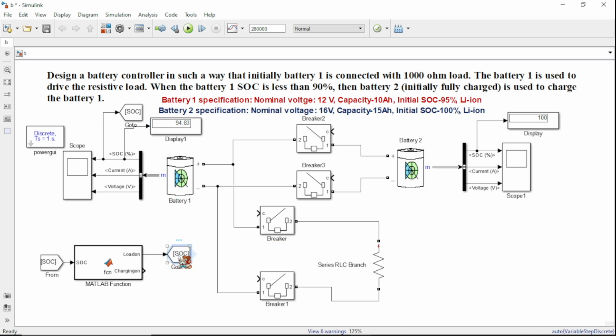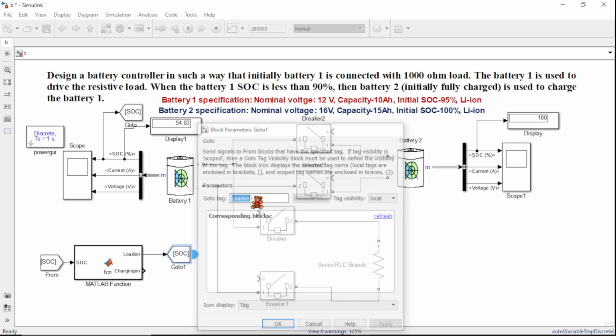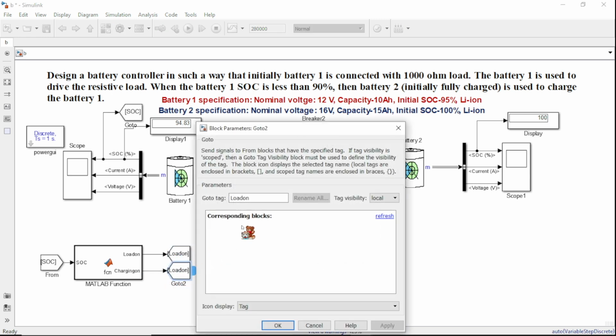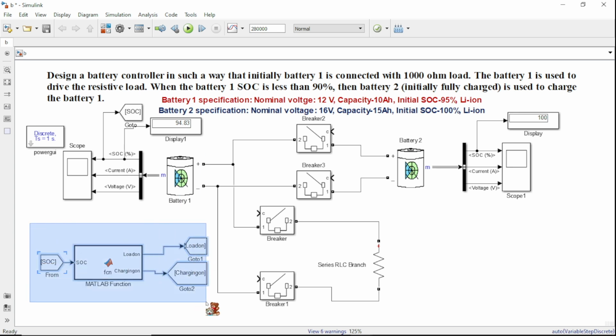We consider this as load on, and this is charging on. Load on means battery 1 is directly connected to this 1000 ohm resistance, and charging on means battery 2 is connected to battery 1.